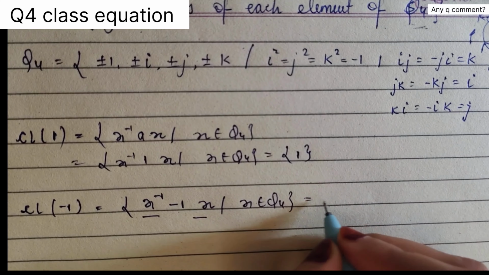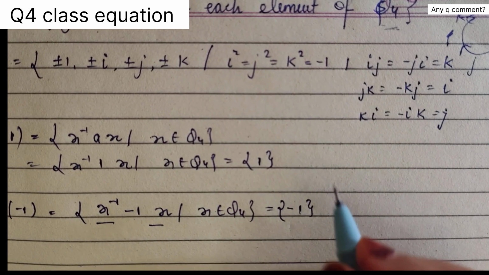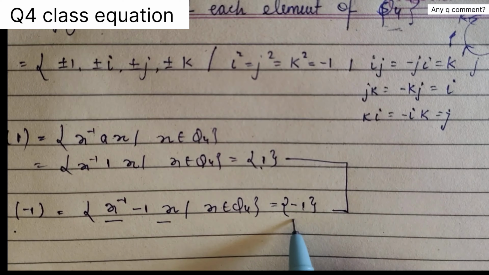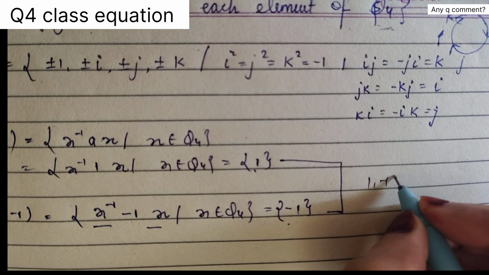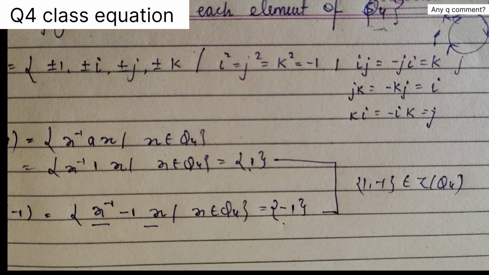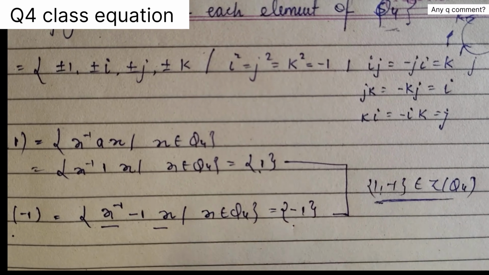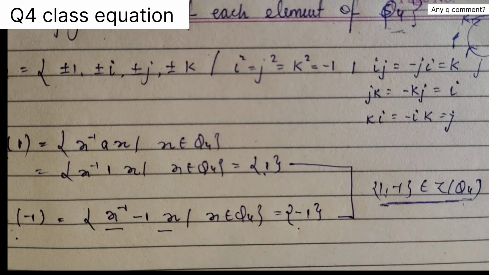Clearly this is also equal to minus 1. So we have class of 1 equals 1, class of minus 1 equals minus 1, and we clearly know that 1 and minus 1 belong to Z of Q4. So we can directly write class of 1 equals 1 and class of minus 1 equals minus 1, because 1 and minus 1 belong to the center of the group Q4.